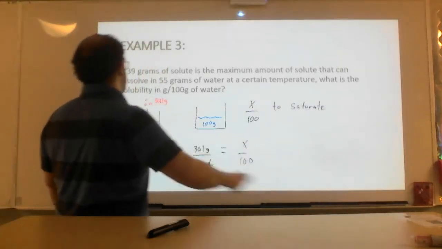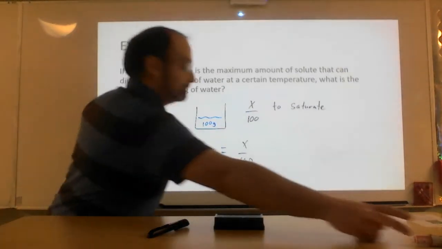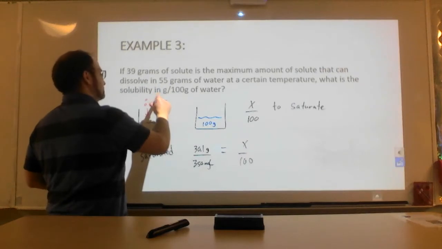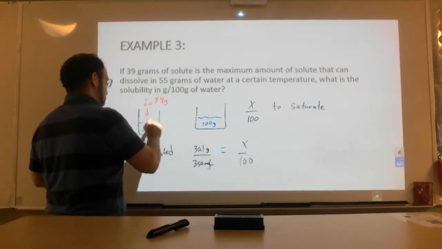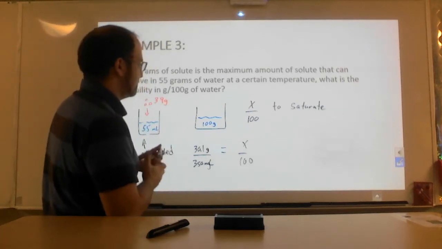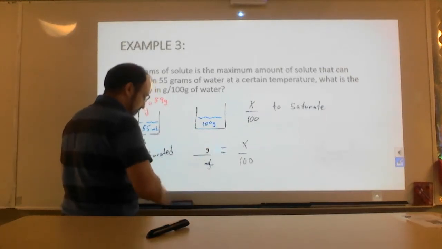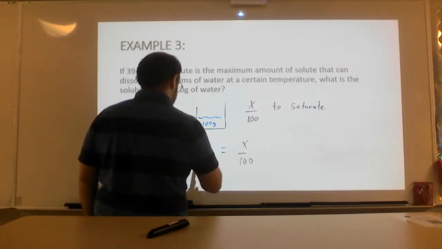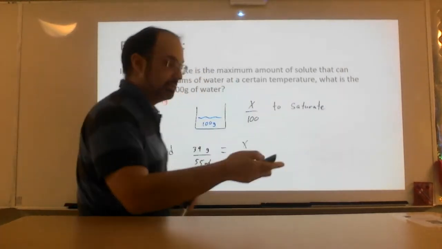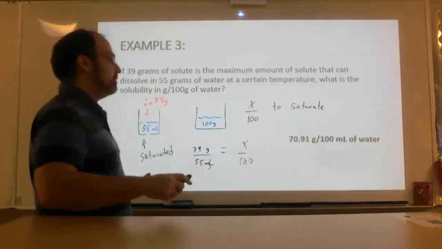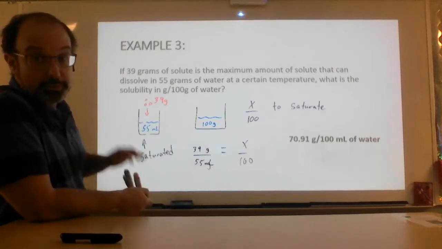I'm starting off with a situation that is 39 in 55. 39 over 55, what is it out of 100? 70.91 out of 100, because 39 out of 55 is a pretty big amount.